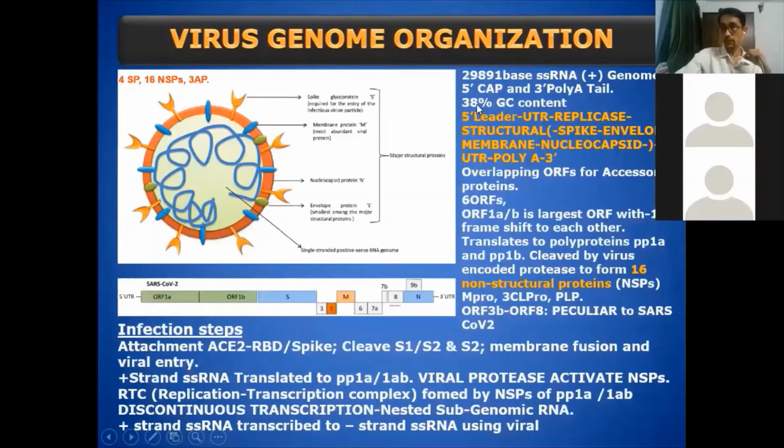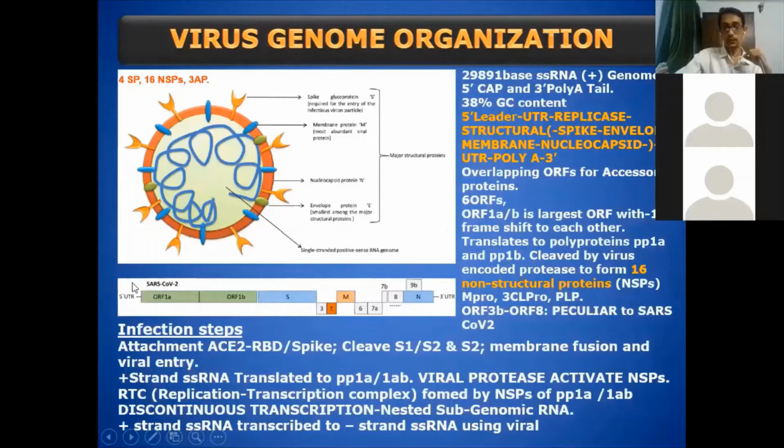The virus has a 38% GC content, and the genome organization is similar to all the other coronaviruses. This is the common structure for all the coronaviruses, and this is specifically for SARS-CoV-2, but all the coronaviruses have more or less the same sequence organization.